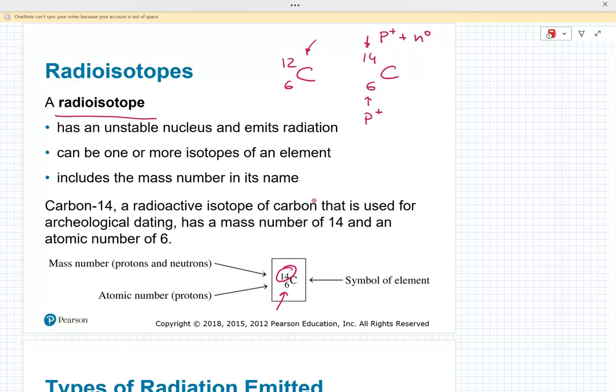Am I making sense? So if the number of protons is 6 and the number of protons and neutrons is 14, this is what the mass number reflects. What is n, if you know that this is 6? Yeah, that's how I got the A. Okay?